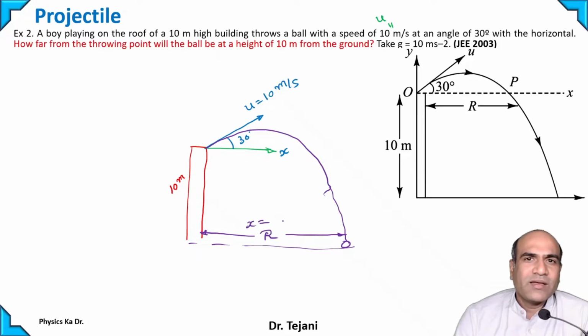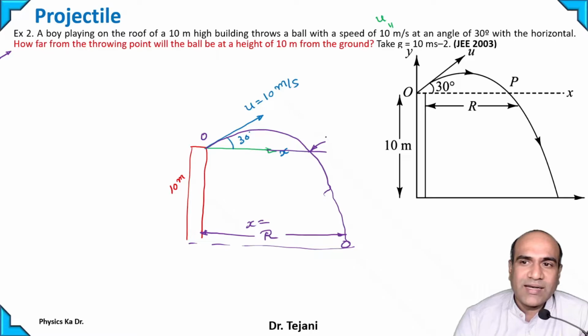And this answer is wrong, but this wrong answer will be there in the options because it is intentionally designed. See here, read the red portion again. How far from the throwing point? That means the throwing point, we can call this point O. Will the ball be at height 10 meter? It is asked at height 10 meter.